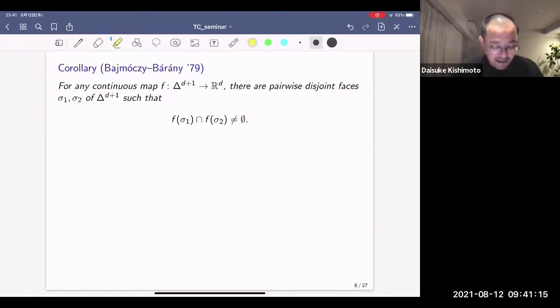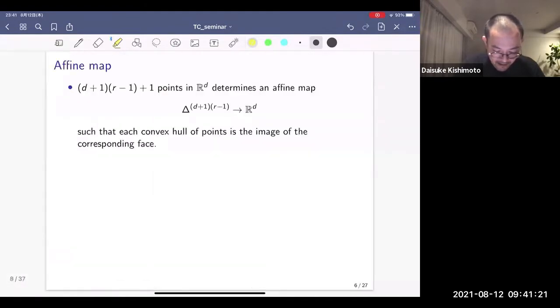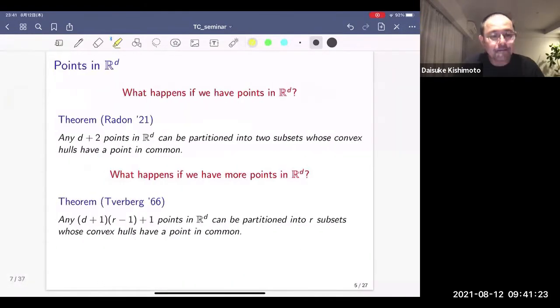This is a topological version of the Radon theorem, which I showed you before. So the Radon theorem holds even if we replace an affine map by a continuous map.